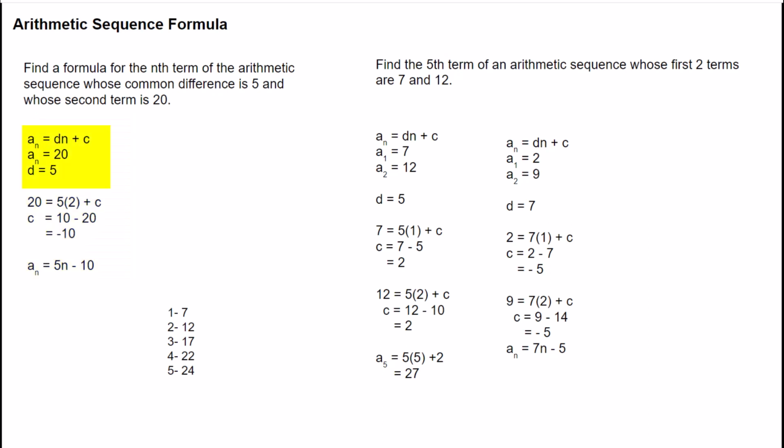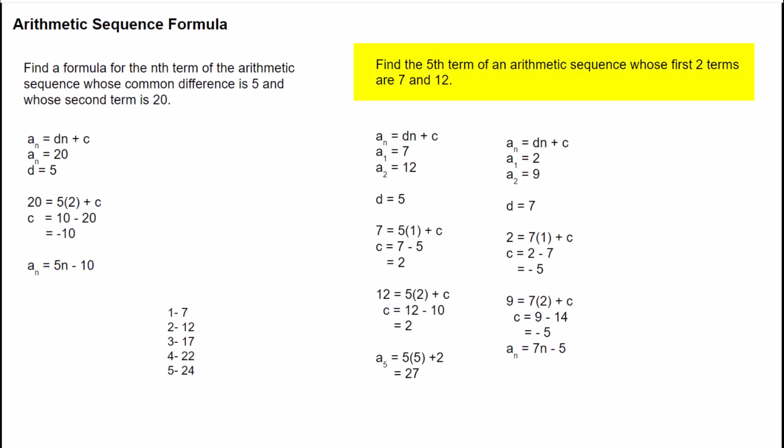So using our formula here and filling in the values gives us a second term, which is 20, and that's equal to the common difference times the term in question, in this case the second term, plus c. Solving for c again, we get that c is equal to negative 10, and now we have the formula. A sub n is equal to 5 times n minus 10.